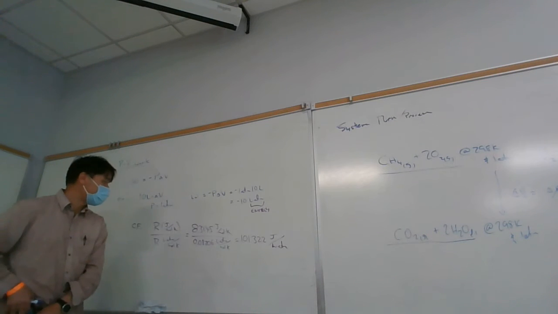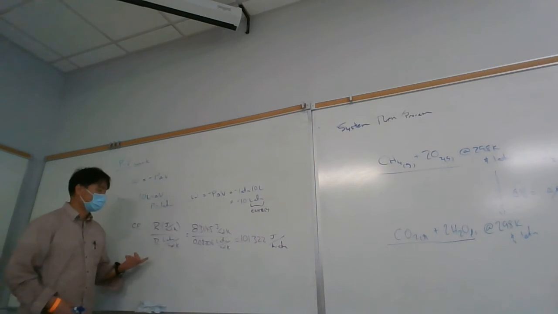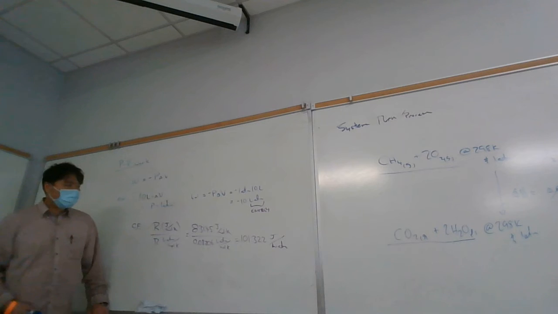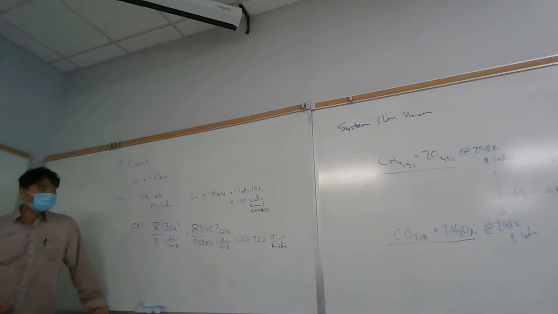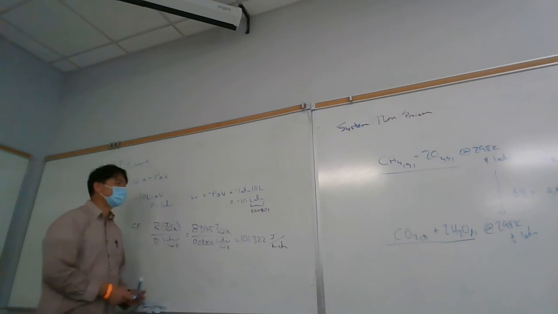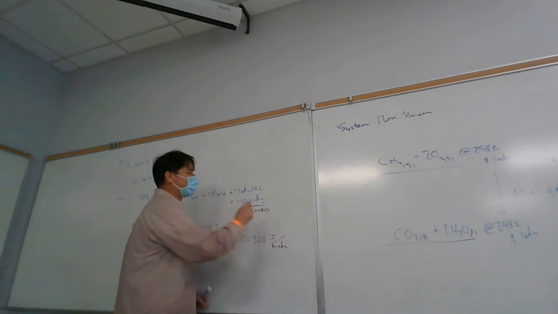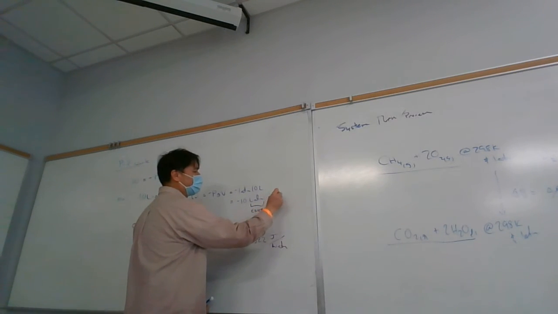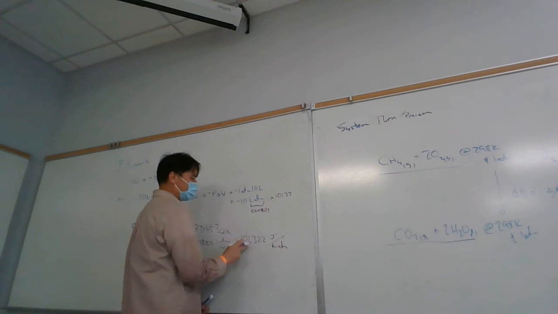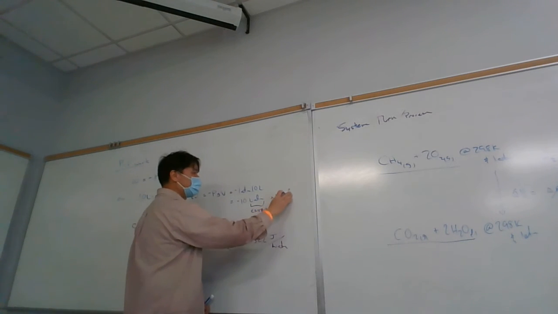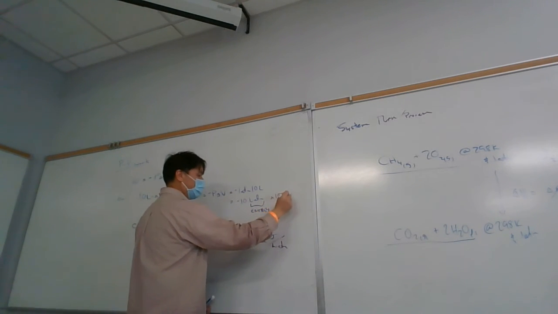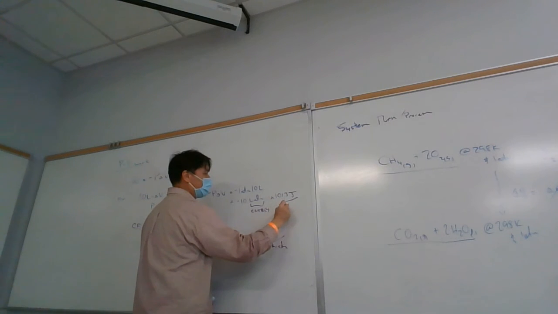And so to blow up a 10-liter balloon at 1 atmosphere pressure is going to cost 101 joules worth of energy per liter. And this is going to be negative because I'm going to have to expend that. In other words, I'm going to have to lose that amount of energy in order to blow up this balloon. So I'm going to just go with 4 sig figs. So we'll just go 101.3 joules per liter atmosphere.